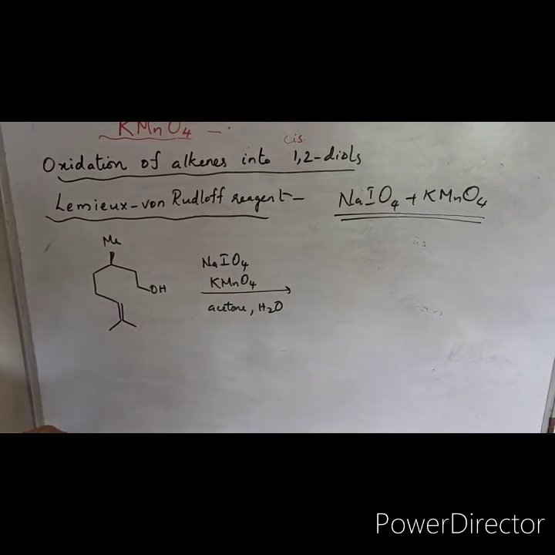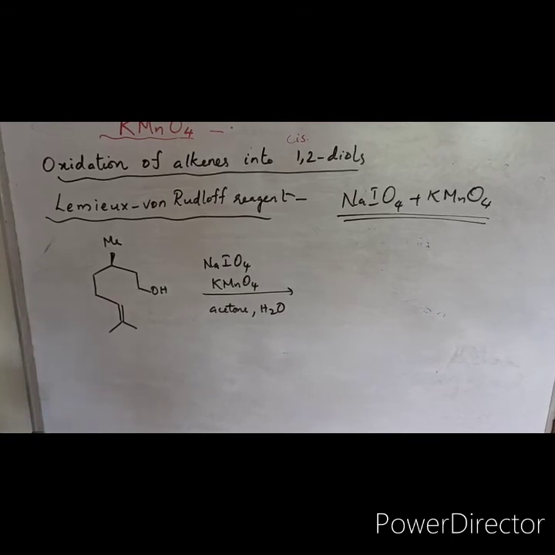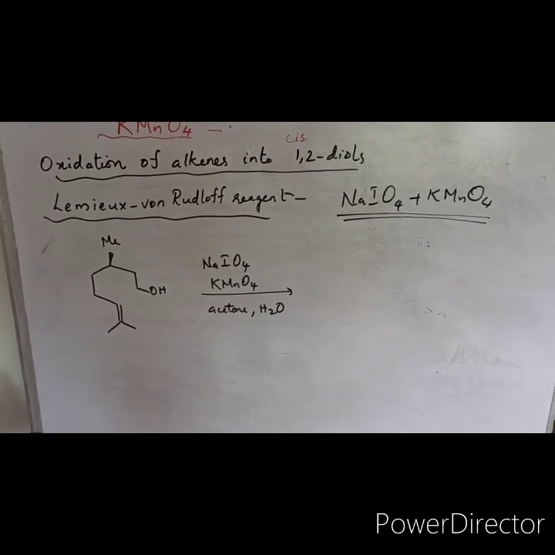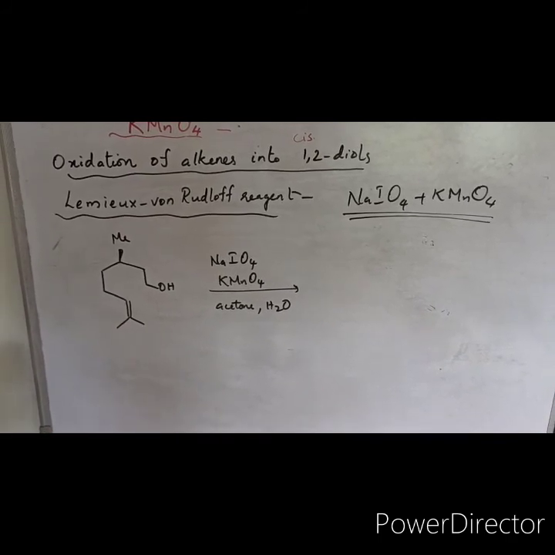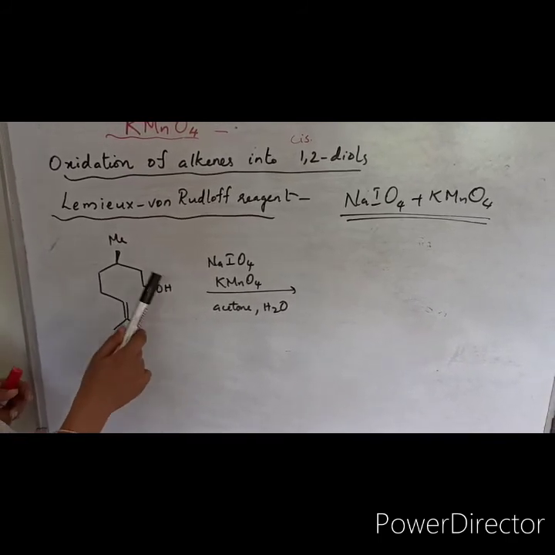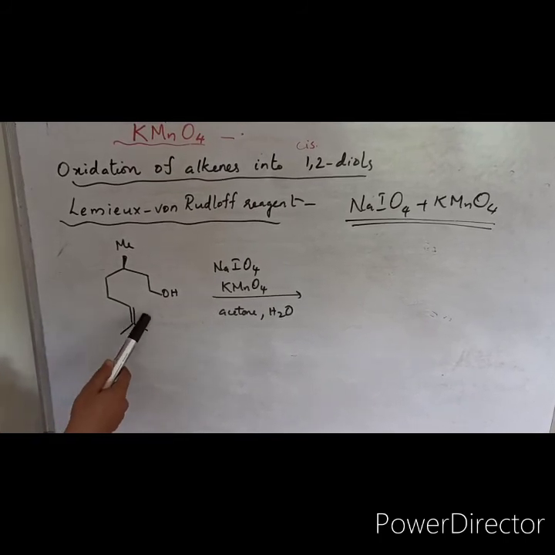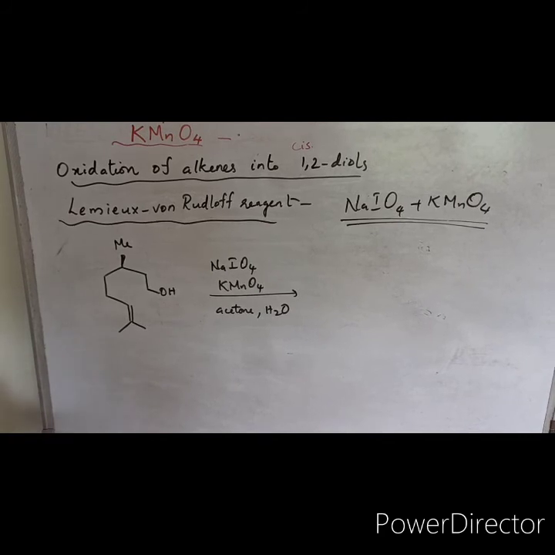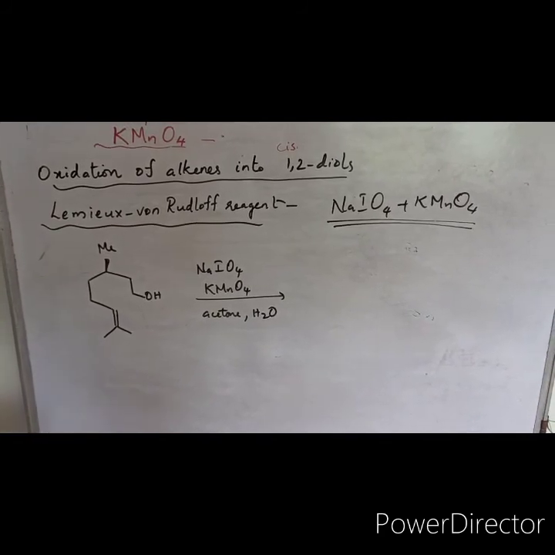So let me introduce a structure in which two functionalities are there. There is an OH group and a double bond. As you know, KMnO4 will be oxidizing both: the alcohol will be oxidized to carbonyl, and the alkene also will be oxidized. We are seeing this formation of cis hydroxylation, 1,2-diols.